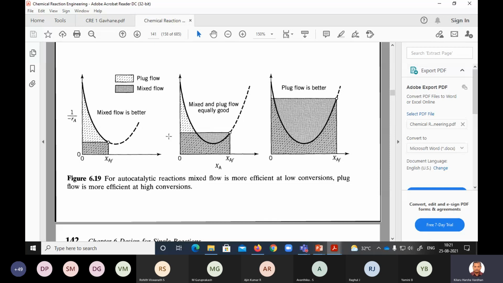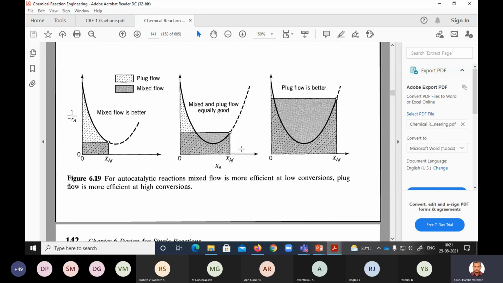That will be the best combination for autocatalyzed reactions. Till your maximum rate, it is always better to have a mixed reactor and then a plug flow reactor. That combination will give you less volume compared to either reactor alone, right?